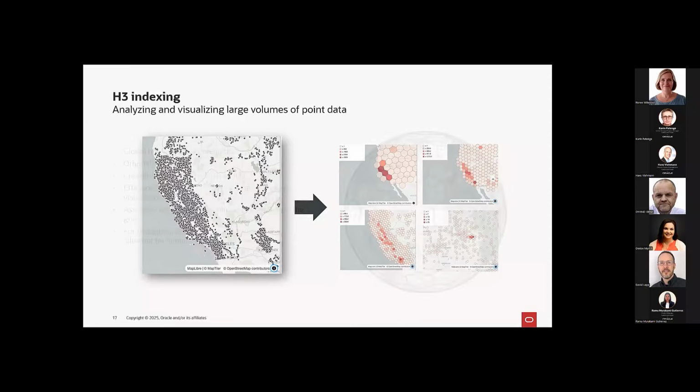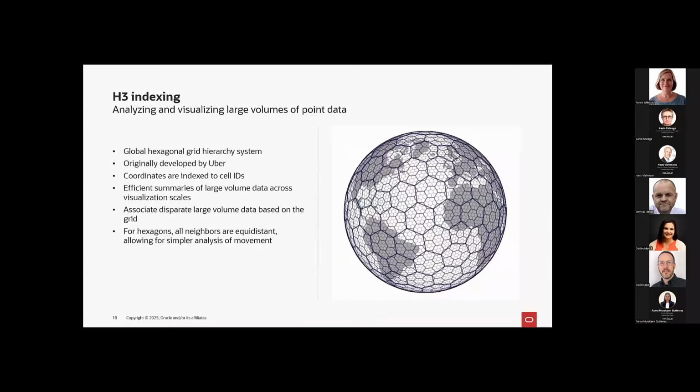The reason why this is so useful is that you get a nice complete coverage of a spherical object very easily. That system of hexagonal cells which we're using here, the H3 indexing, is something which was developed a while back by Uber and then open sourced. Right?